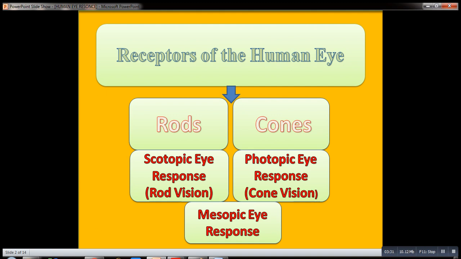Each cone is therefore sensitive to visible wavelengths of light that correspond to short, medium, and longer wavelengths of light. Because humans usually have three kinds of cones with different response curves, and thus respond to variation in color in different ways, we have trichromatic vision.